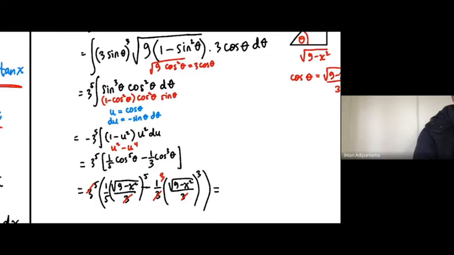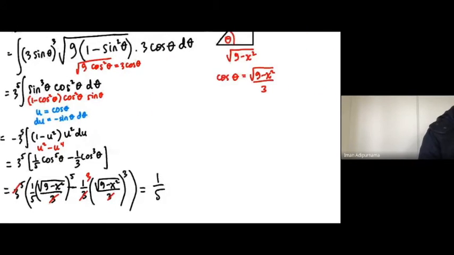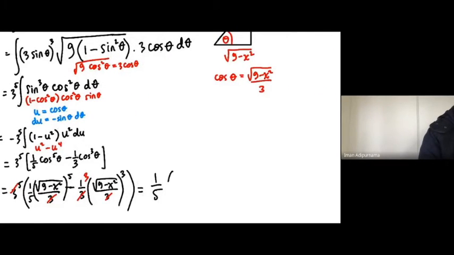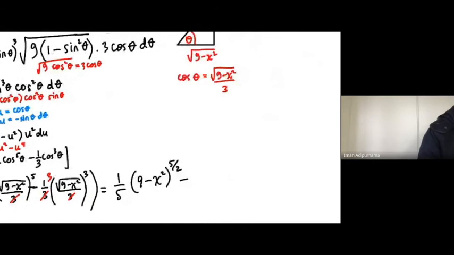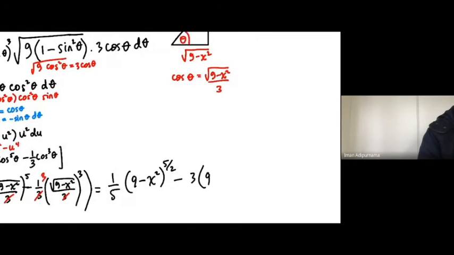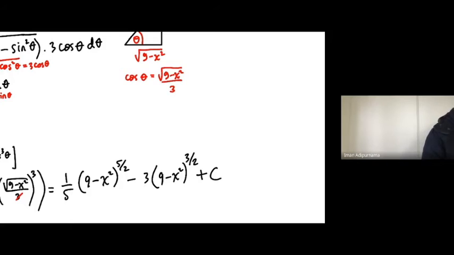So it should be 1 over 5, the square root of 9 minus x squared to the 5 over 2, and minus 9 minus x squared to the 3 over 2. And then plus C. So this is the answer.